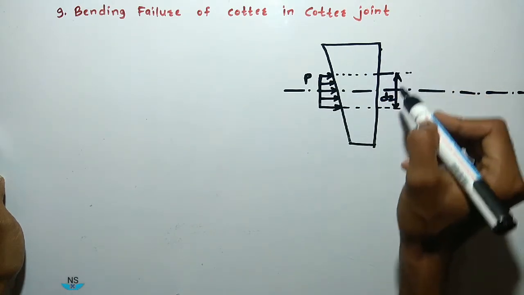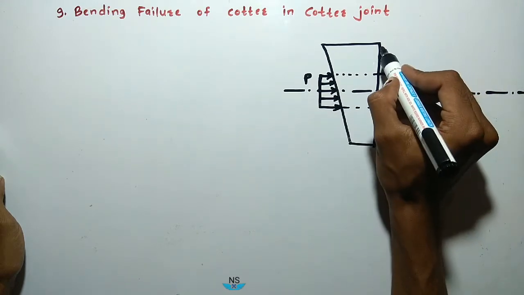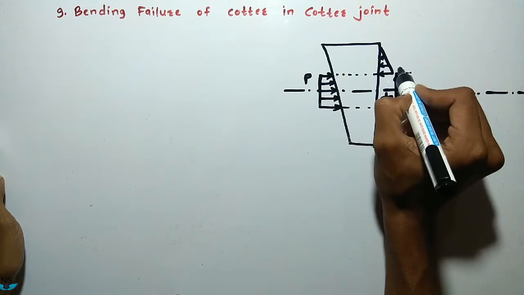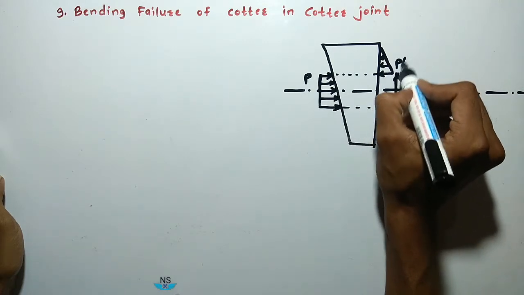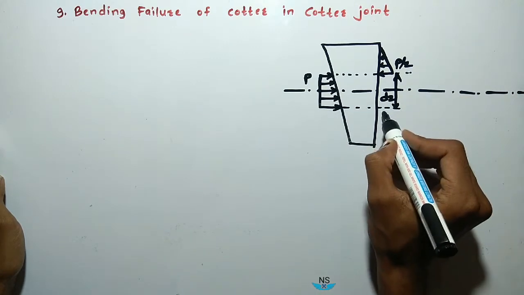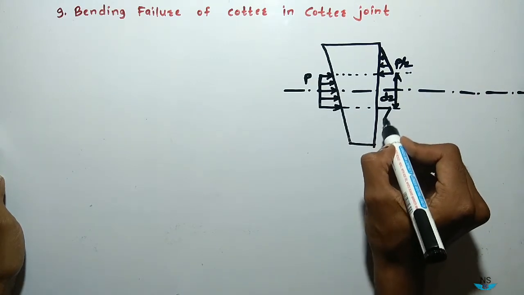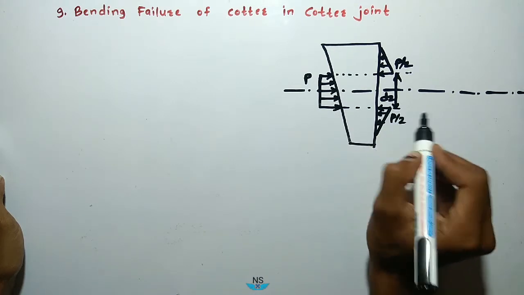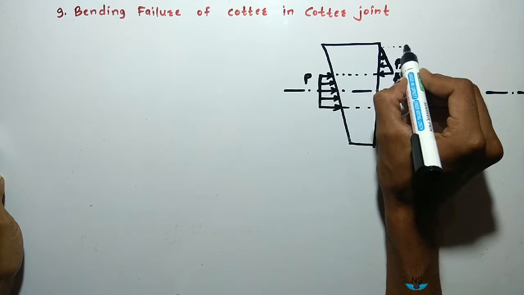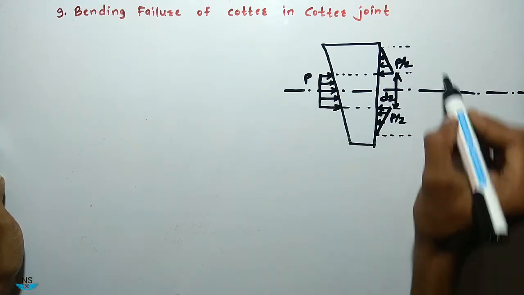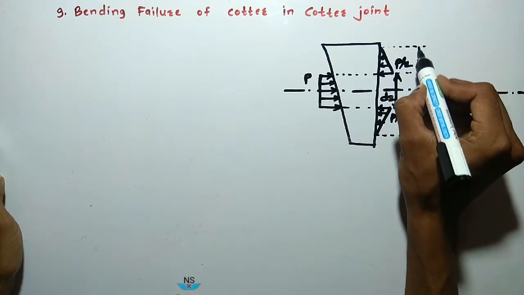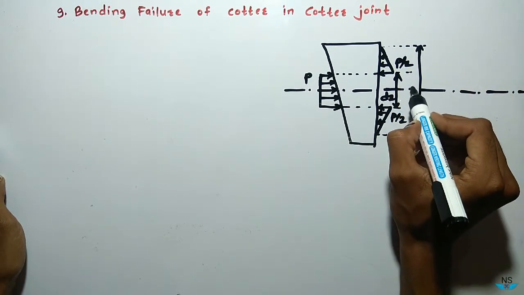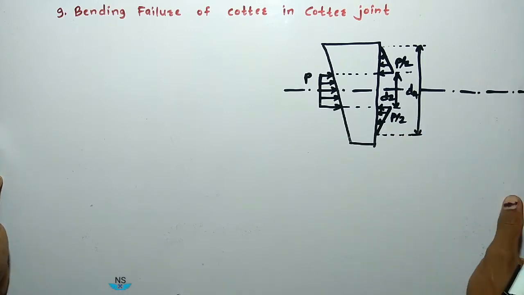From this side P by 2, on this side P by 2. So this is uniformly distributed load. So P is maximum here, P by 2. P by 2 is acting on this side, same is there. It is P by 2. Now this diameter is collar diameter of socket. A socket collar diameter, that is maximum diameter in the quarter joint, D4.